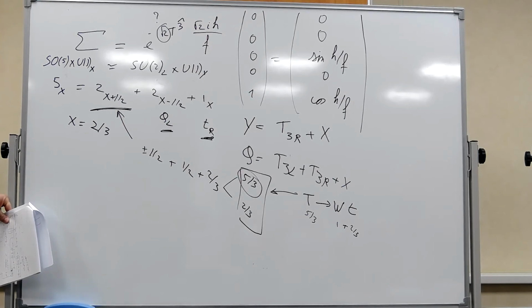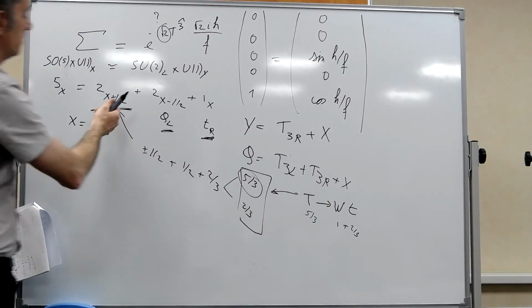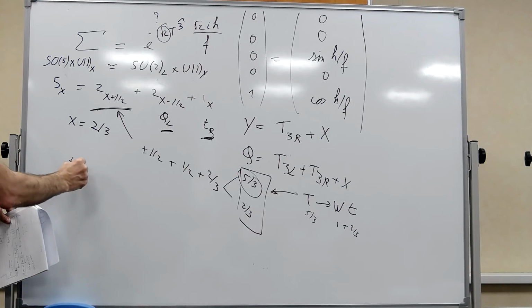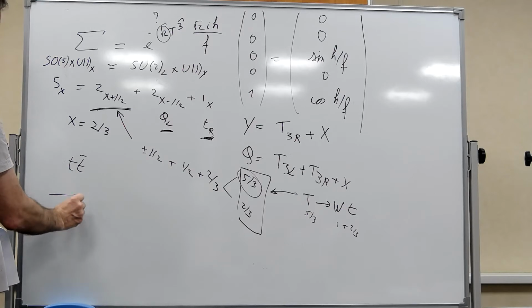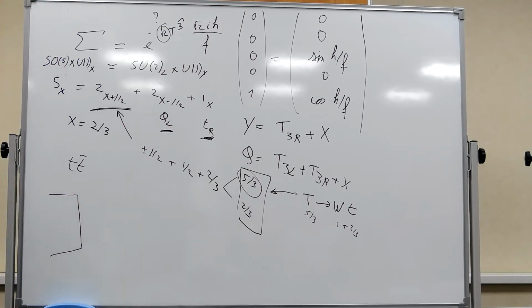So now, how do you give the mass to this particle in a way which is invariant under SO(5)? You can write something like T-bar left, sigma, transpose C, right.